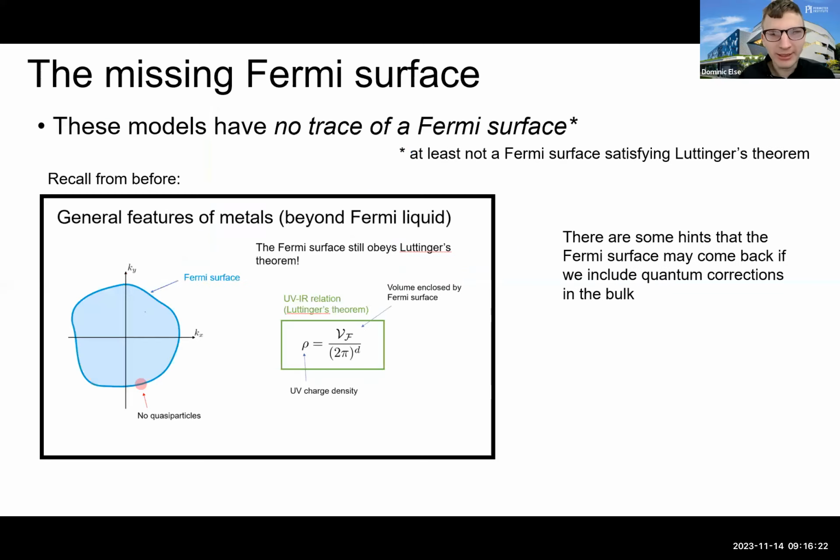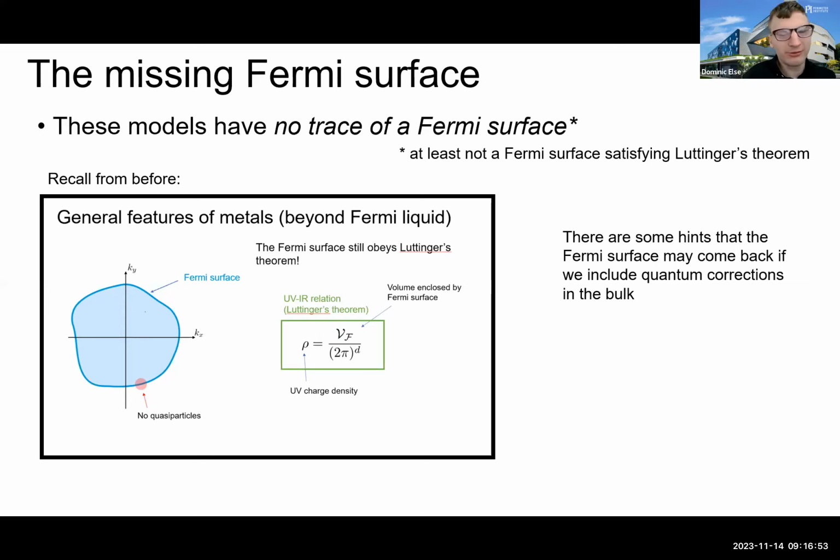But what I am worried about is the Fermi surface. So there is not much trace of a Fermi surface that satisfies Luttinger's theorem in these systems. So that kind of contradicts the general claim that I made, that you still always should have a Fermi surface obeying Luttinger's theorem. I guess there are some arguments you can make about there's a small Fermi surface, much smaller than it should be, according to Luttinger's theorem.